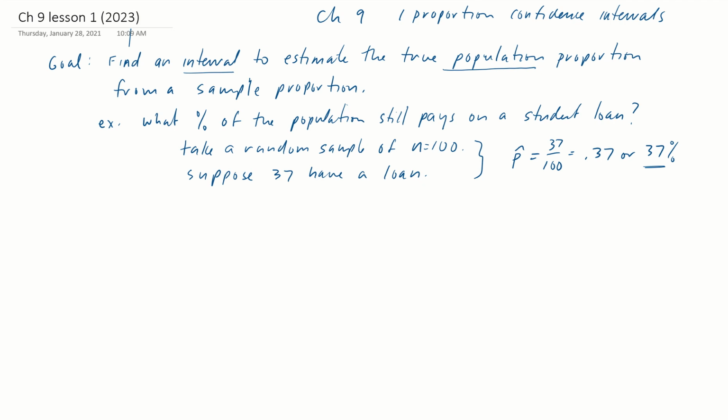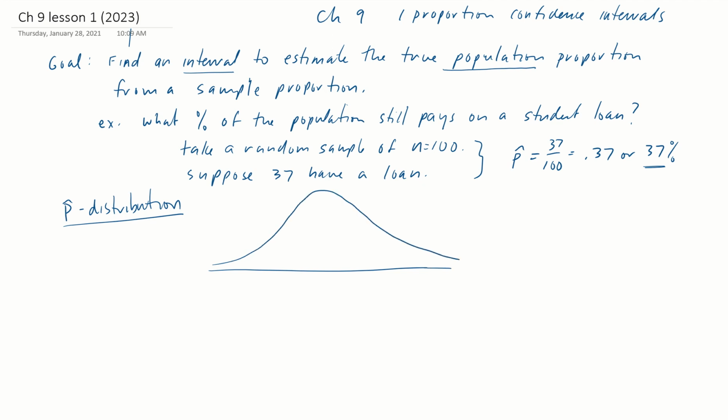Well, let's go back to something called the p-hat distribution. Okay, and the p-hat distribution is this. Normal curve, the center of it, the mean of p-hat, is p.